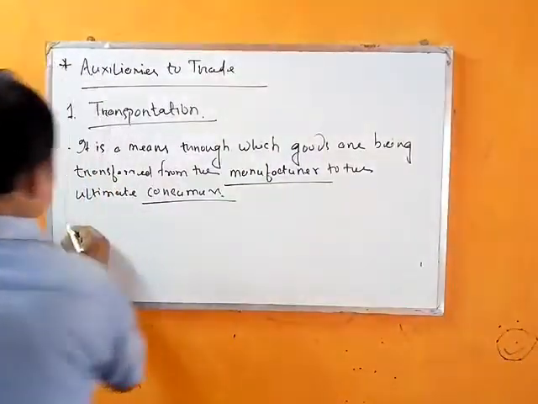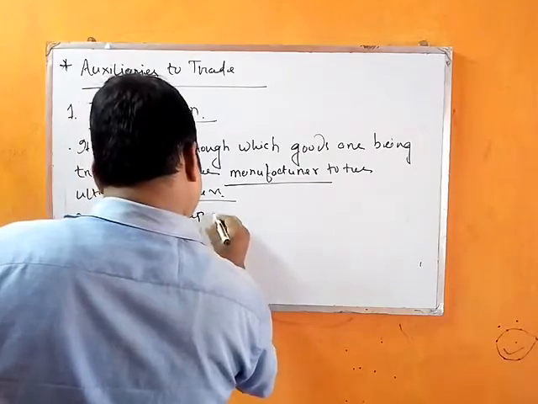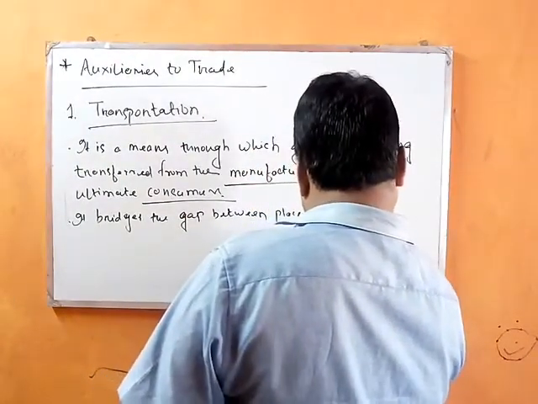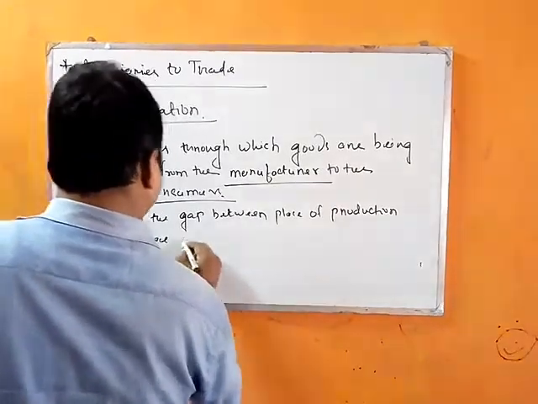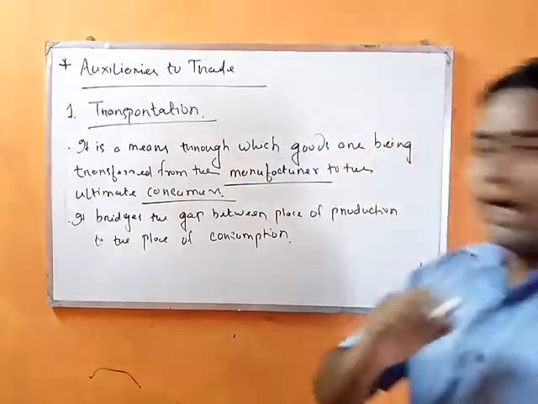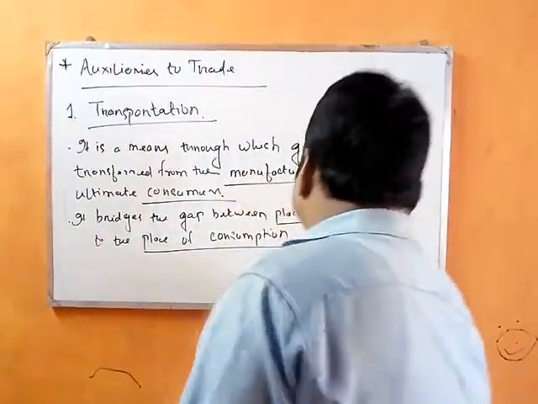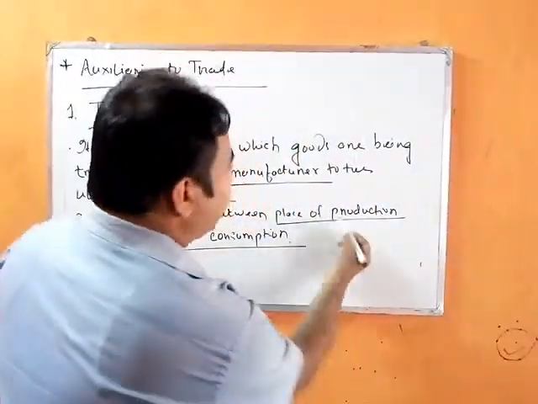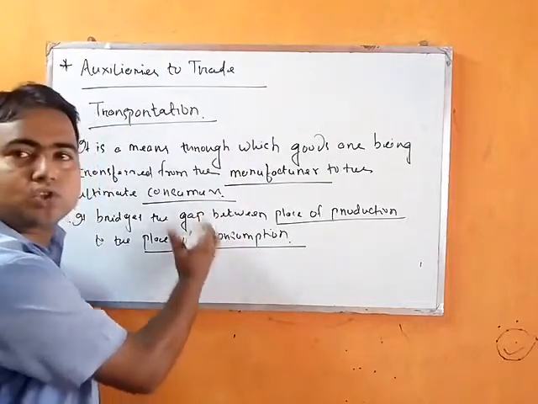Remember, very important: transportation always bridges the gap between the place of production, that is the manufacturer's side, and the place of consumption, that is the buyers' or consumers' side.